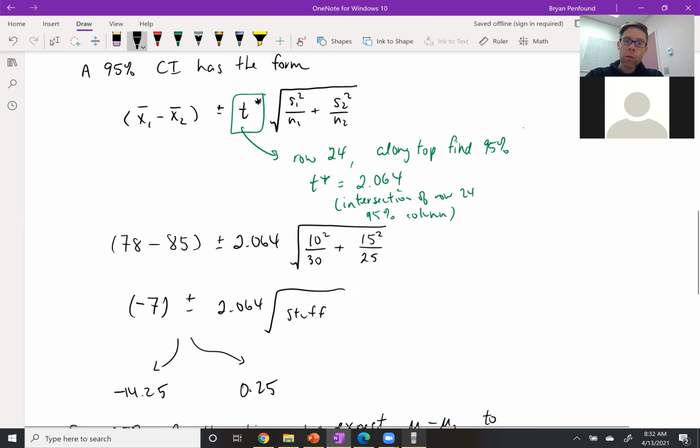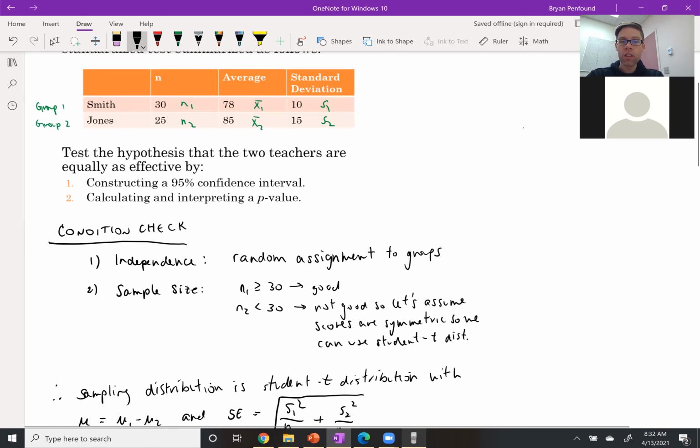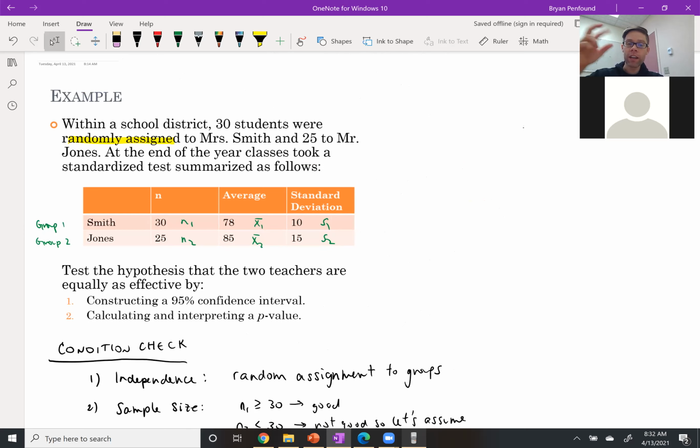That is, if I go back and look at what I was initially comparing, we're actually comparing the standardized test scores between the two teachers. So there's some evidence here to suggest that the test scores that we're seeing are similar.